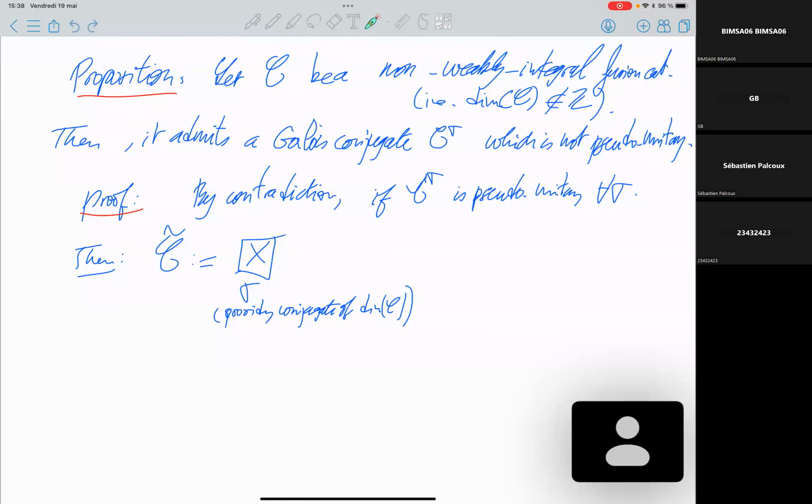And you consider the tensor product of all such conjugates. Let me just mention here that this idea to consider this in fact comes from a discussion with Yilong Wang.